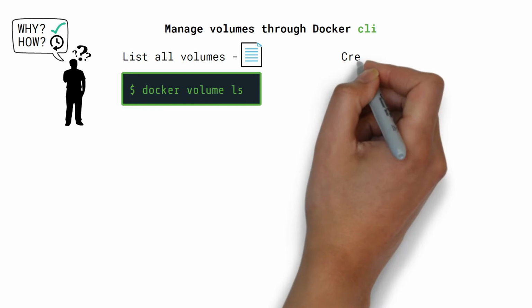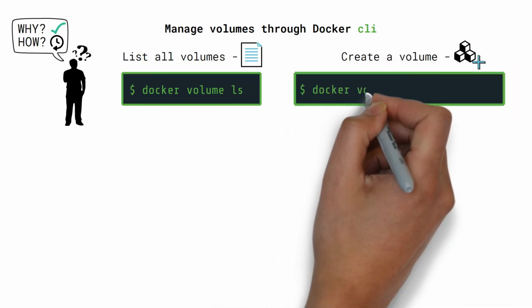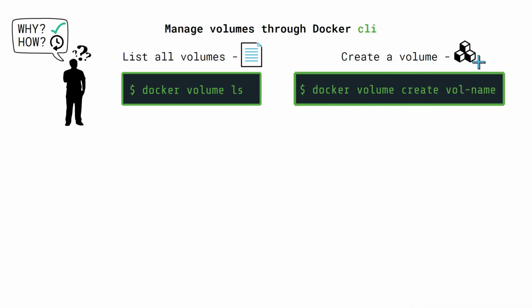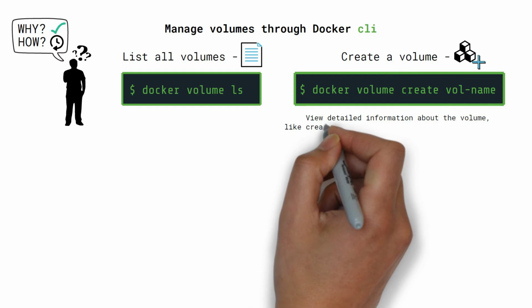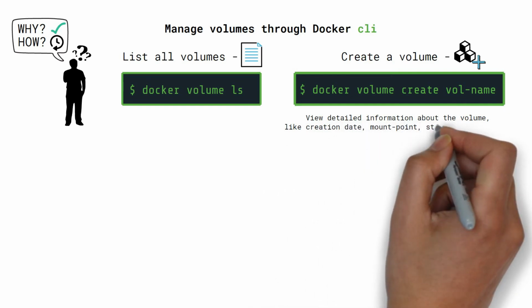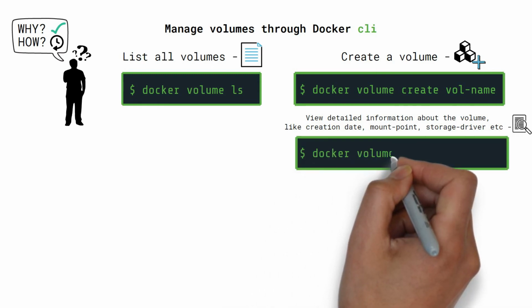To create a volume, we use the docker volume create command along with the name of the volume. To view detailed information about the volume like the creation date, the mount point, or the storage driver, we use the inspect command followed by the name of the volume.